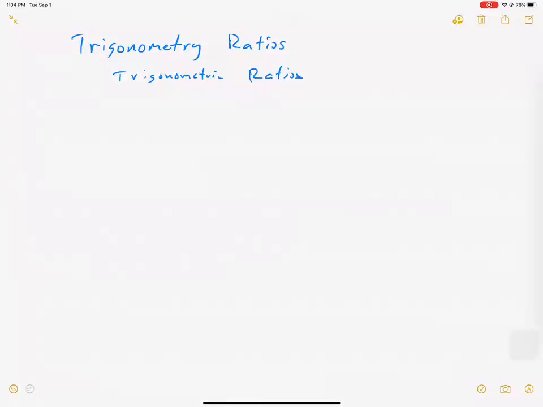So we'll talk about this right now. And let's go ahead and draw a right triangle. Sine, cosine, tangent can only be used to start with a right triangle. Let's call the angles A, B, and C. Actually, you know what?